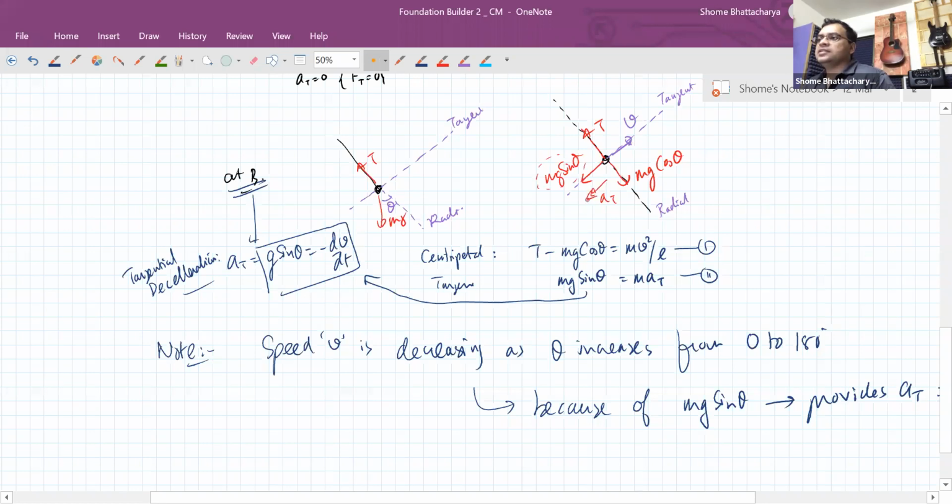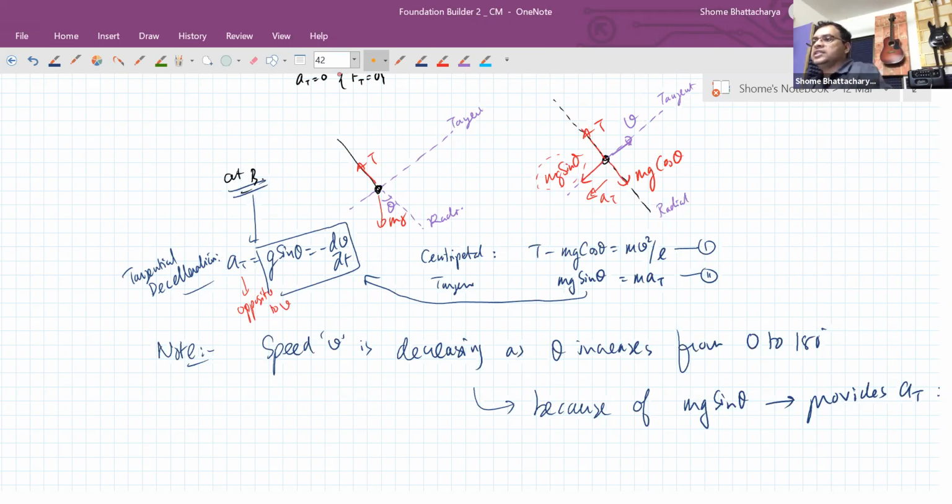So it's creating a tangential acceleration in the direction opposite to v. So that is why it is minus dv by dt. So that is the one that is creating deceleration.